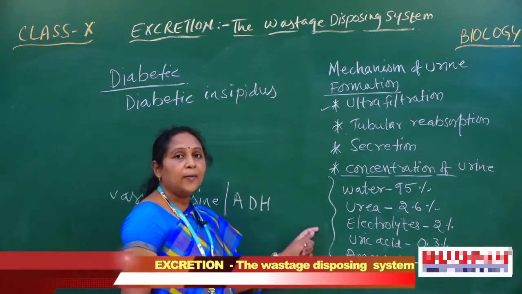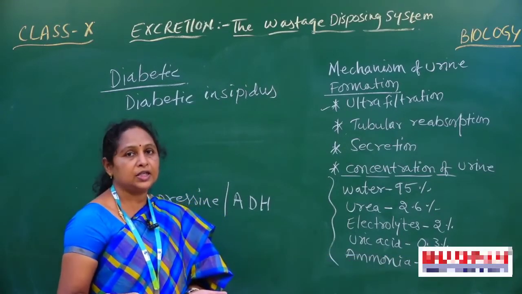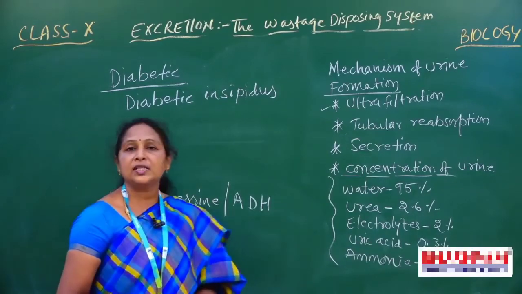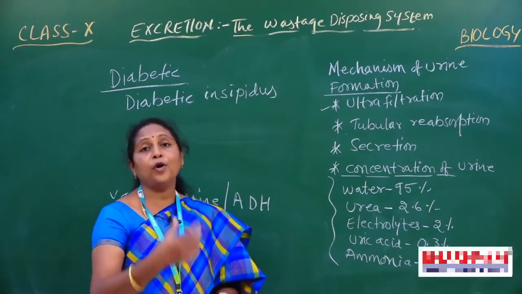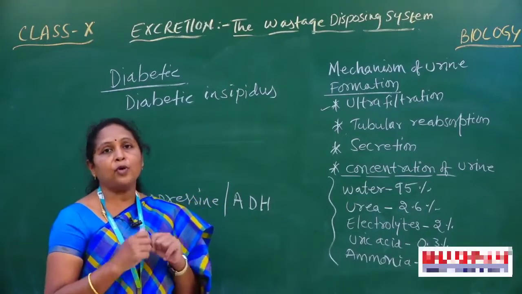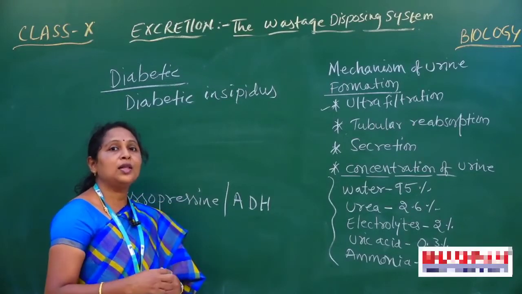Up to here the urine concentration is in which condition? Hypertonic. But due to the absence of these hormones, now your urine becomes hypotonic. In a hypotonic condition, your body fails to control the urination.